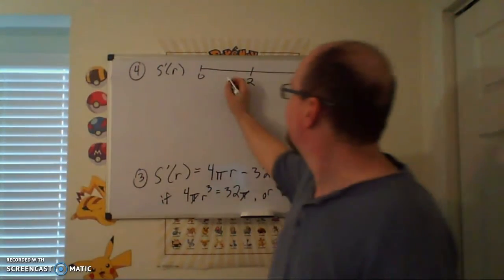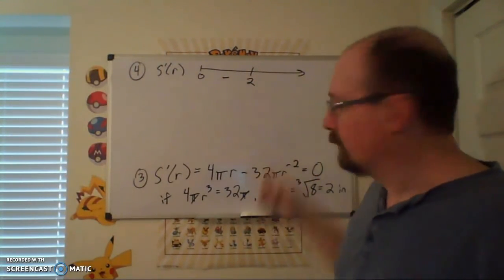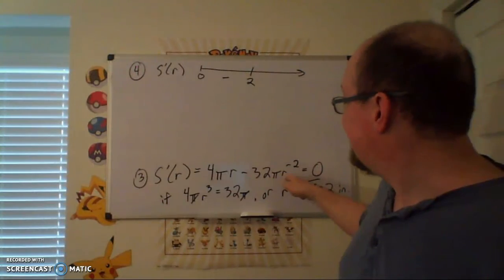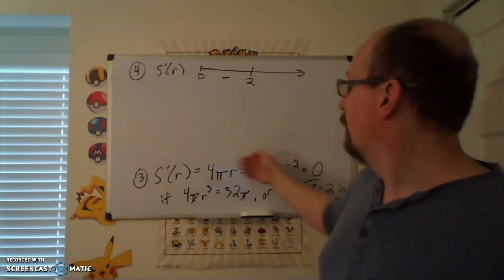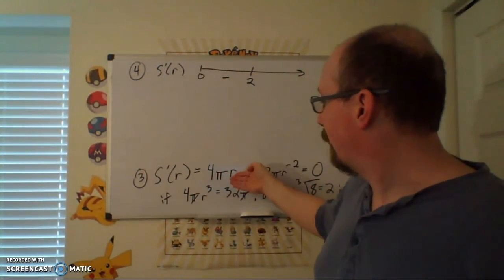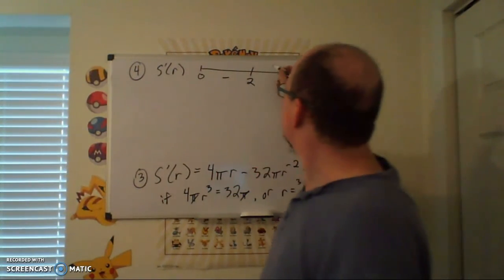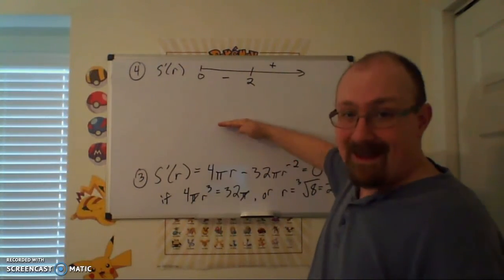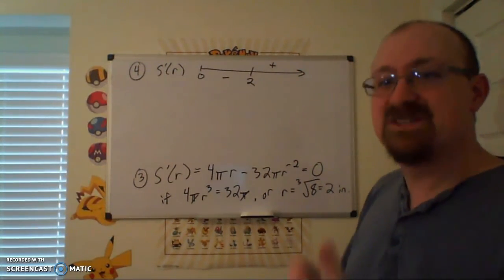That is very negative. So once we move past 2, again, I like going with a million. 32 pi divided by a million squared is really tiny. So 4 pi times a million minus something that's small, and that is doing what we wanted. We're dropping, we flatten out, we start climbing again. That indicates that we have hit a minimum. Sweet.